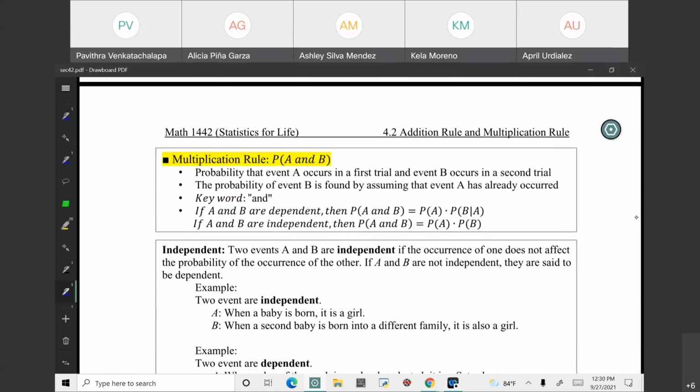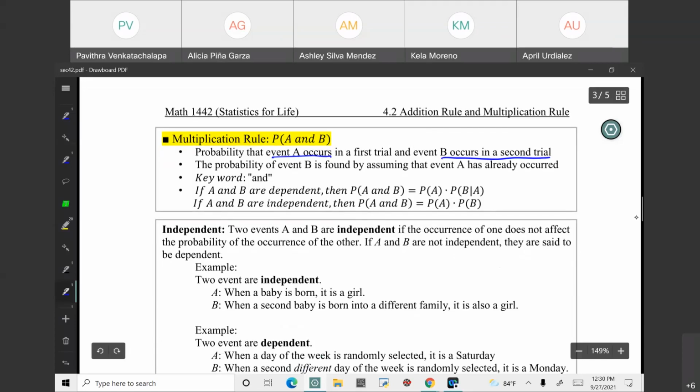So here, according to this rule, the probability of event A occurring for the first time and B occurring the second time. They're not saying that one should occur or one should not occur.